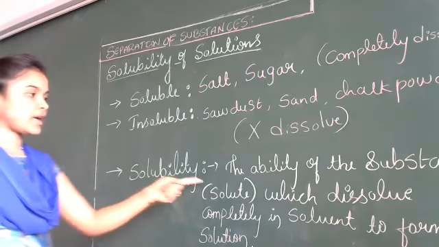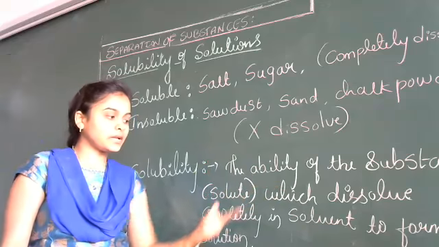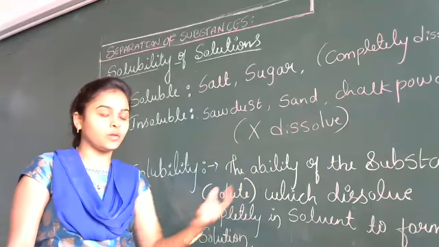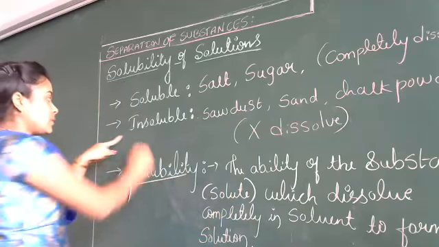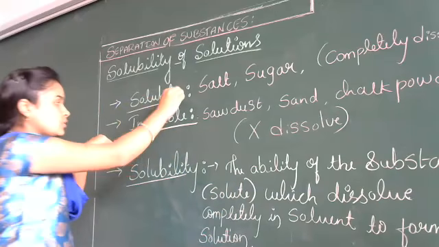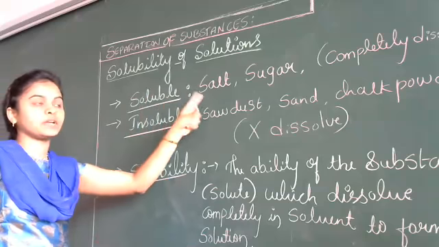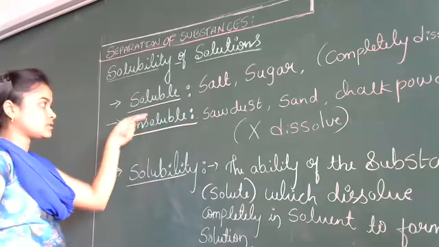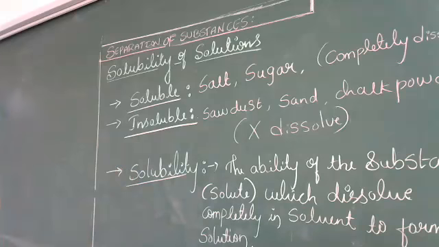So solubility is the ability of the substance, that is called solute, which will completely dissolve in a solvent to form a solution. Insoluble means a substance which will not dissolve in water, and soluble means a substance which will completely dissolve in water. So these three terms you should remember. They may come in the exam also.